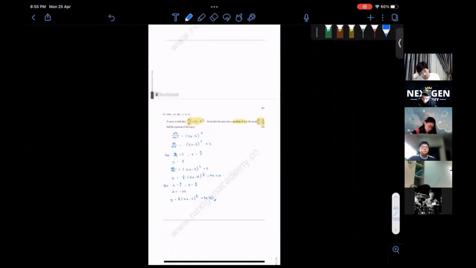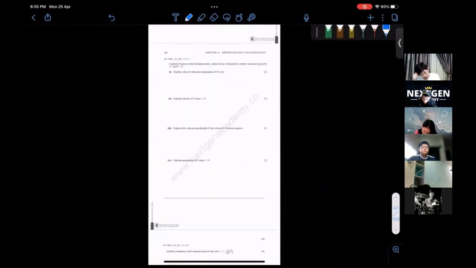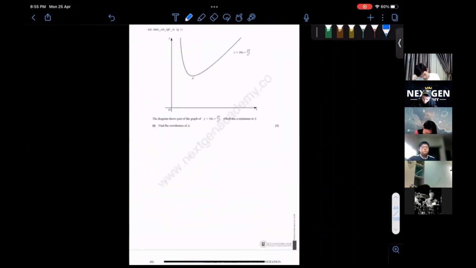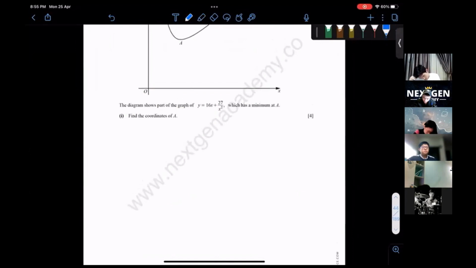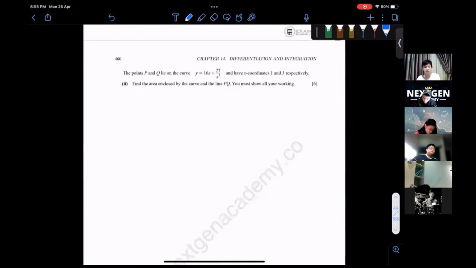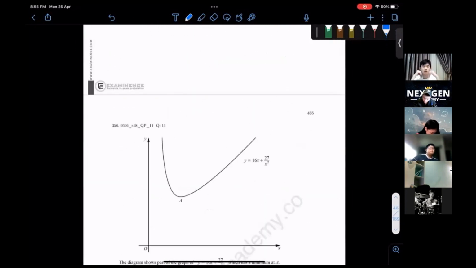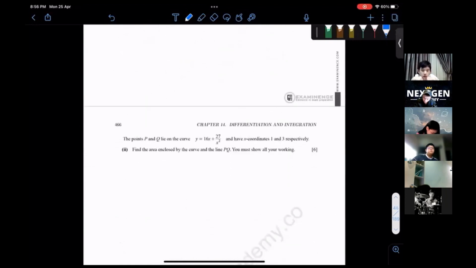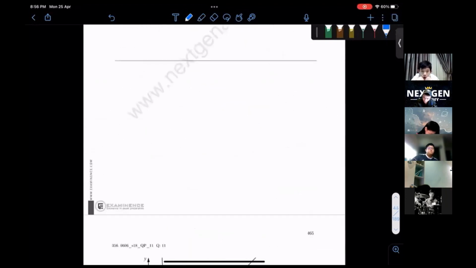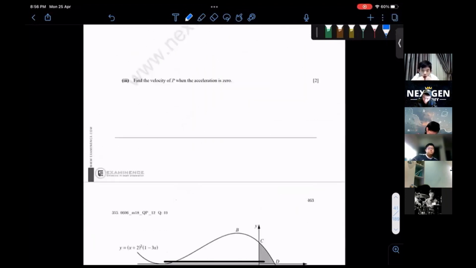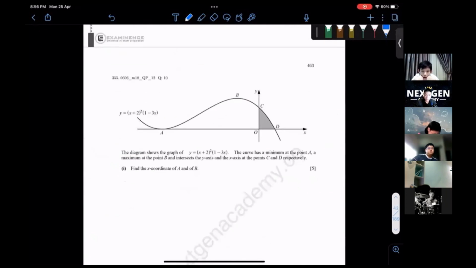Go and practice all of those types of question. Like you see all these graphs, there's integration also. So all the area ones, I want you all to go and try. This week, please go and try before the next class.